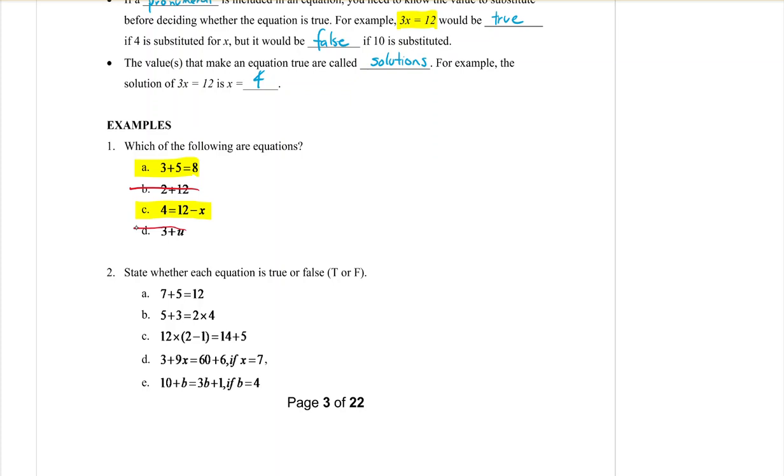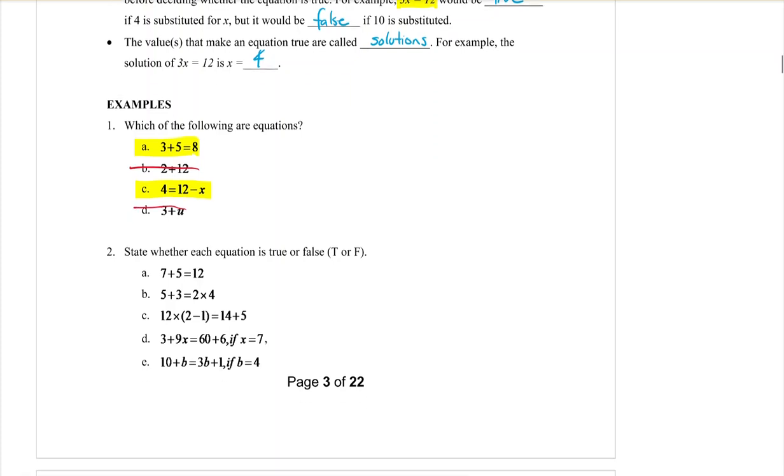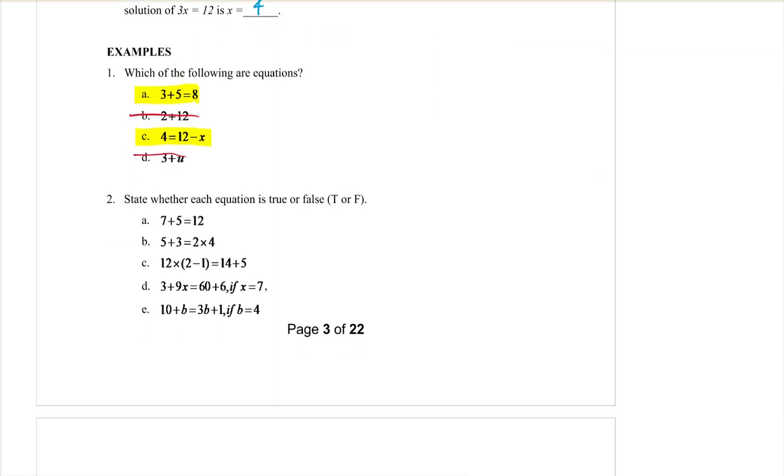All right, question 2. State whether each equation is true or false. So T for true, F for false. Part A, 7 plus 5 equals 12. So 7 plus 5, just working out the left-hand side, equals 12. And I did have 12 on the right-hand side as well, so that is actually true.